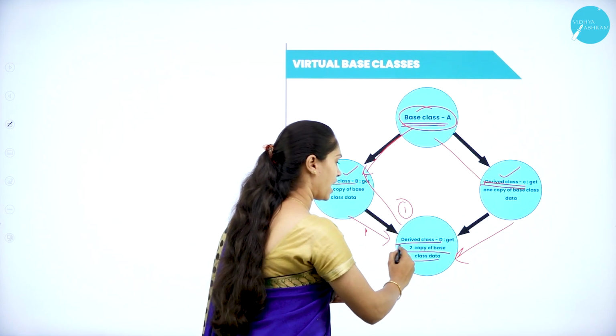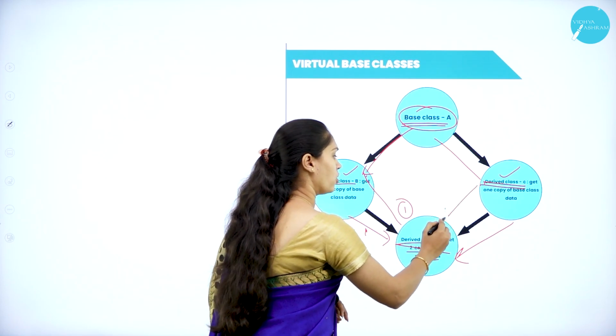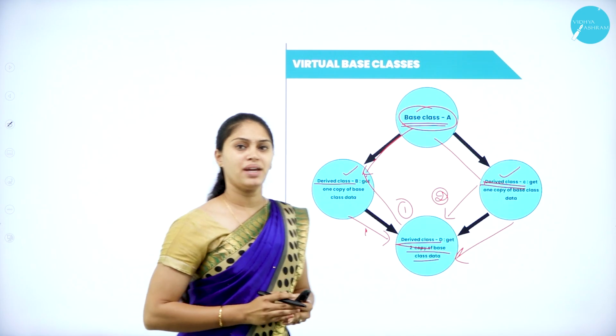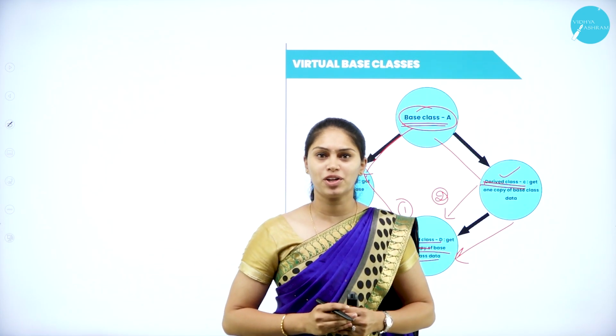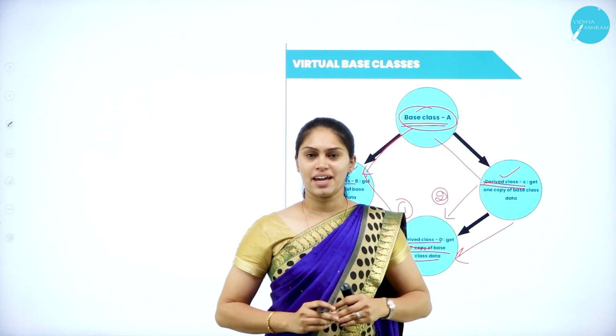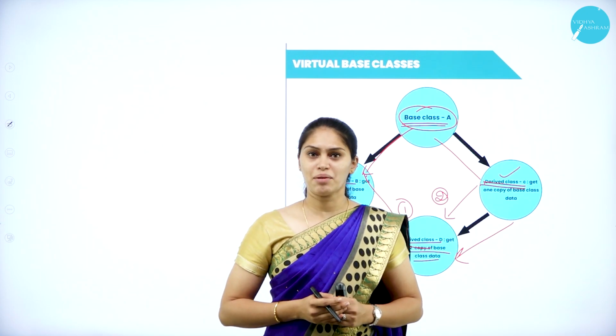So if derived class D is inheriting the features from C also, it will have one more copy of the base class A. So derived class D will have two copies of the content of base class A. How do we avoid these consequences, or how do we avoid the ambiguity?